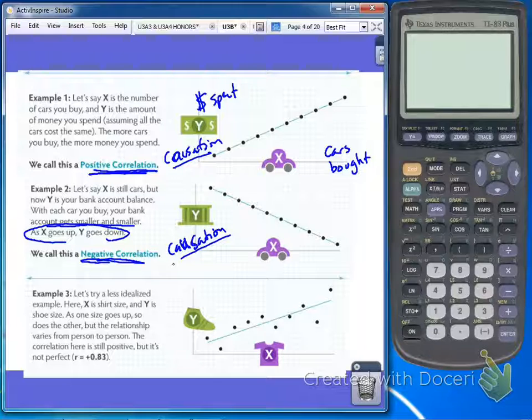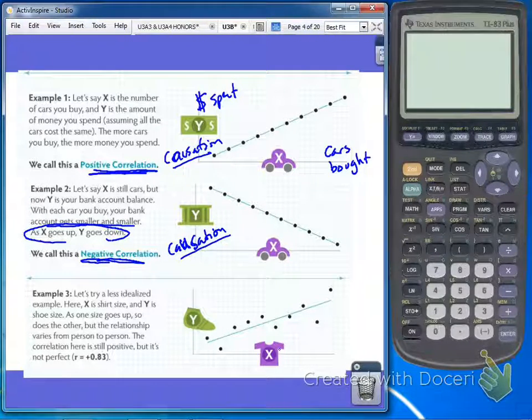Example 3. So here's a less idealized example. Let's say X is the shirt size and Y is the shoe size. As one goes up, so does the other, right? I mean, what happens to a little kid? Their shirt size gets bigger and bigger, but also somebody does some research and realizes, hey, their shoe size gets bigger as well.